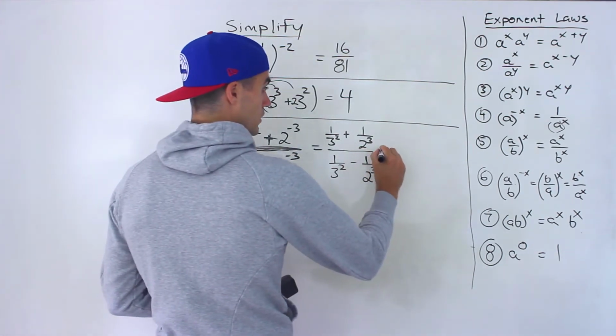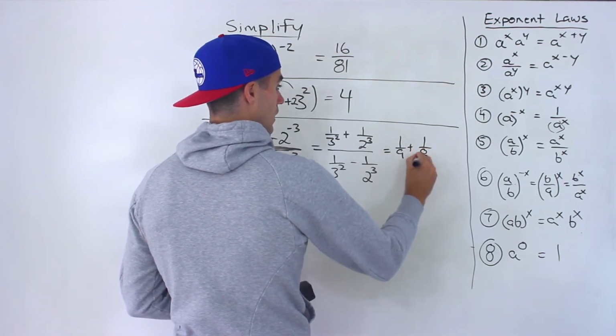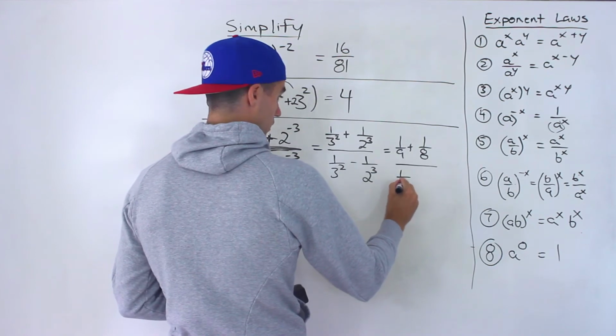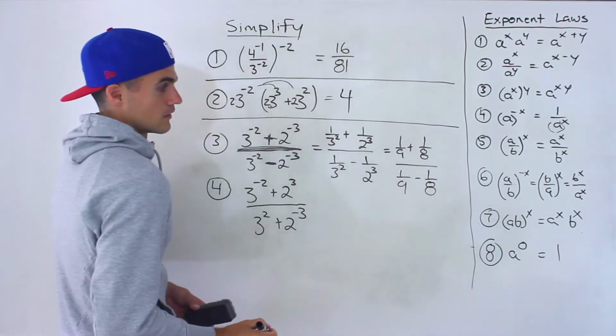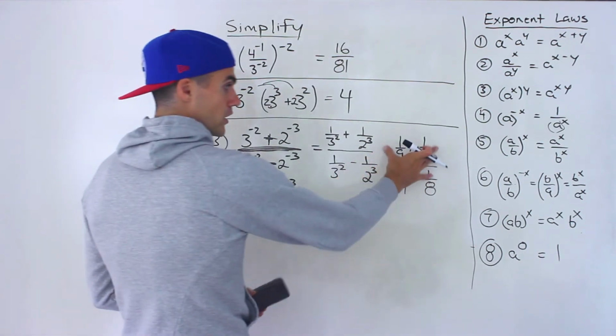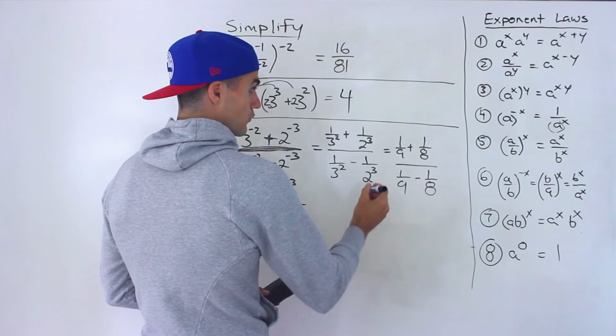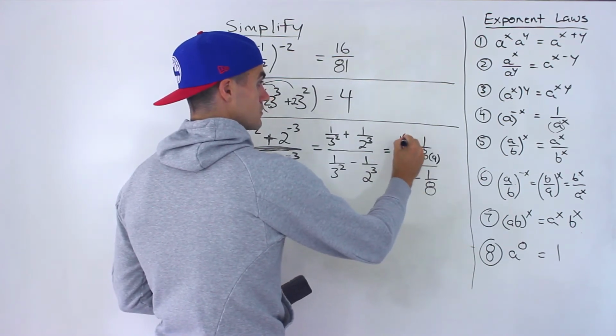So we'd end up over here with 1 over 9 plus 1 over 8 all over 1 over 9 minus 1 over 8. And what I would do here is combine the numerator to be one fraction, the denominator to be one fraction. So the common denominator is 72 between these.